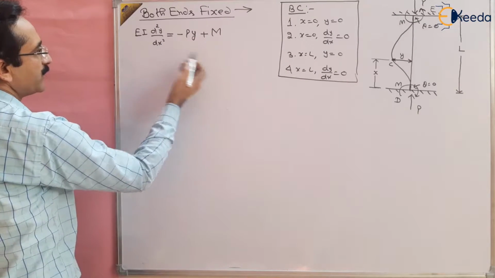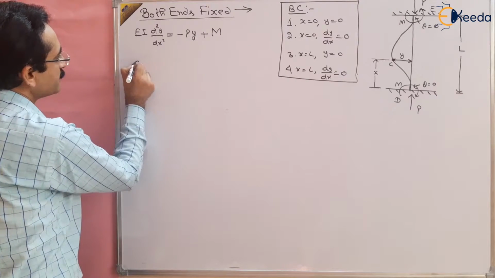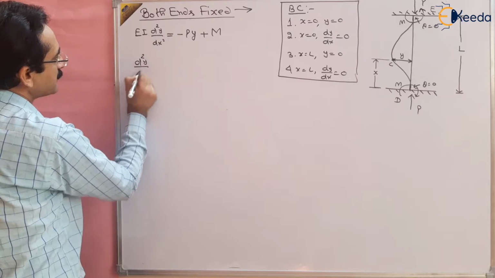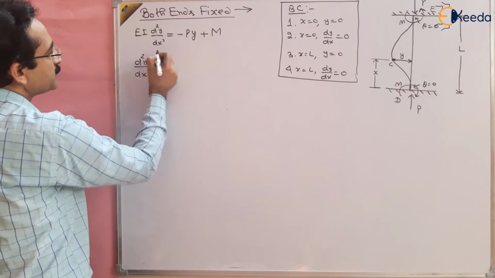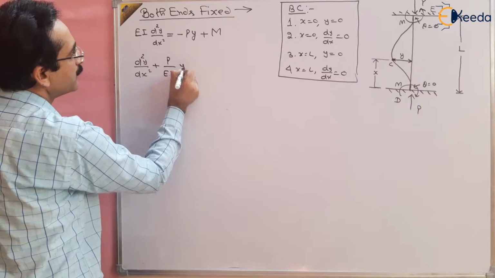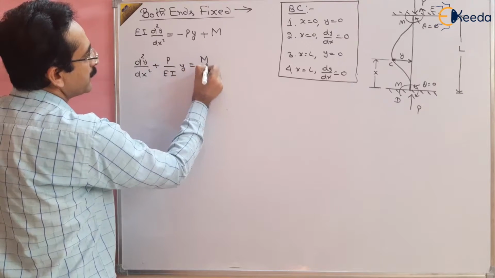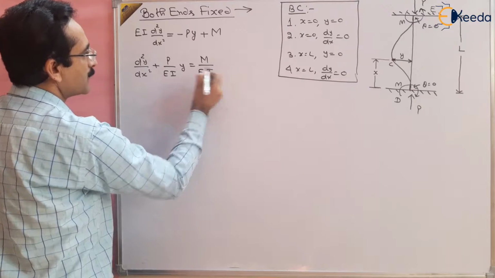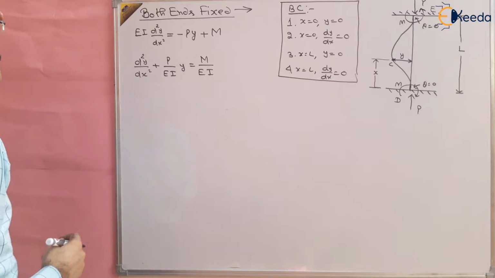Let us solve it a little so that we can get a simple equation. So d2y by dx square, taking the Py term across, plus P by EI y will be equal to M by EI, like this, right?